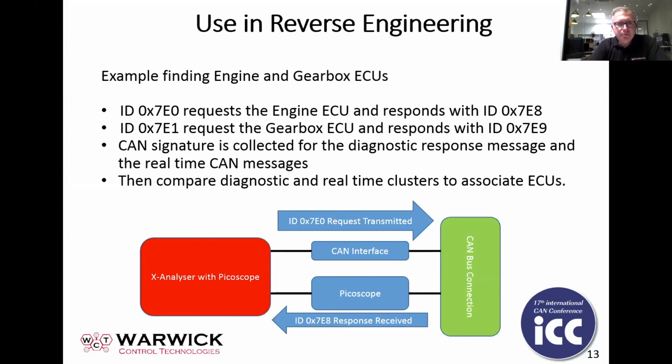So, for example, when you make a request, the sort of request that could be carried out by typical diagnostic tools, the engine responds on 7E8, and it's typical that the gearbox ECU will respond on 7E9. And you can use this information to work out a cluster of the known information.